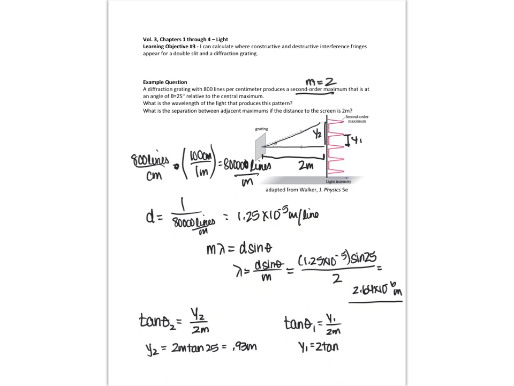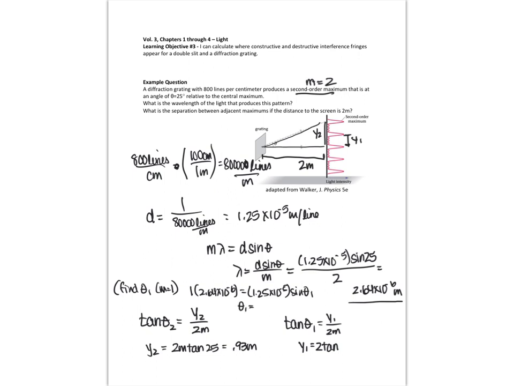And I forgot, I have to find theta 1. So I'm going to just go over here, find theta 1. m equals 1. So 1 times my wavelength, 2.64 times 10 to the minus 6 equals d sine theta 1.